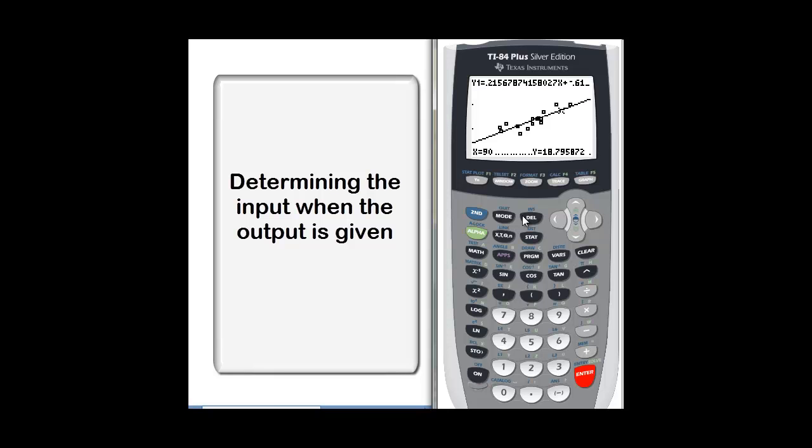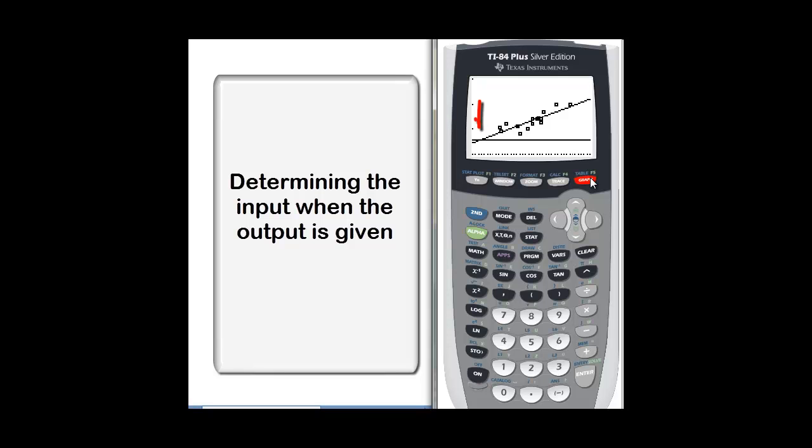We can accomplish this by graphing the line y equals 13 in Y2. So over here in y equals, press that, arrow down to Y2, and input 13. And press graph.